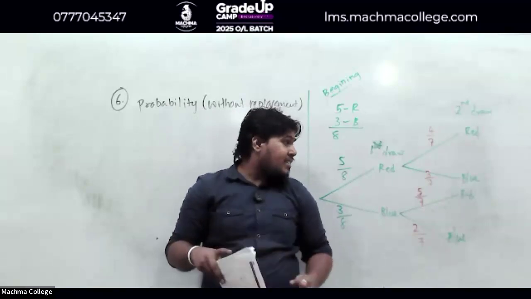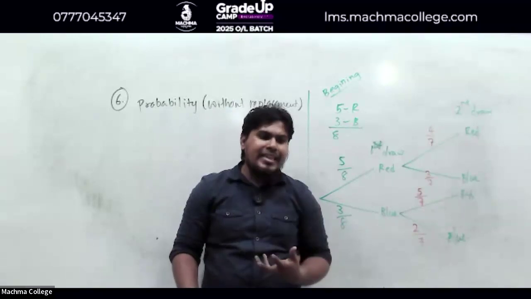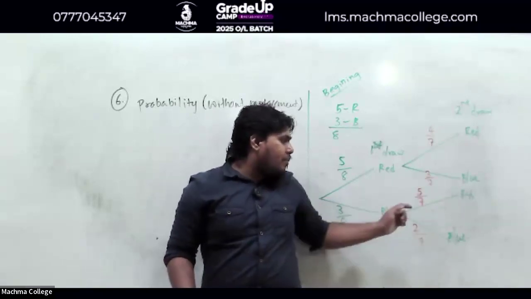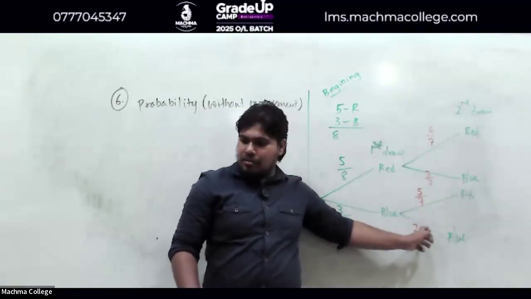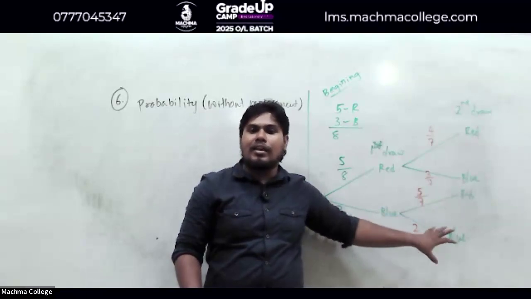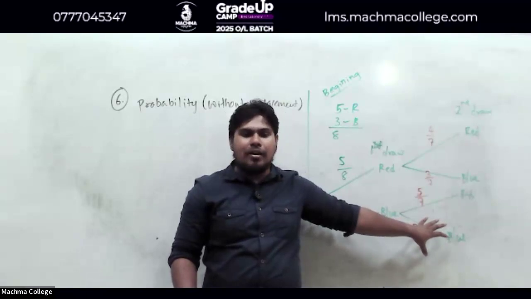Until this moment the only change I have seen in tree diagrams was that one branch doesn't come. Students have to think about whether the last branch is coming or not, and that is the part they made hard.